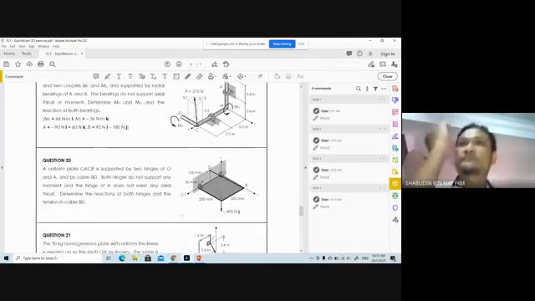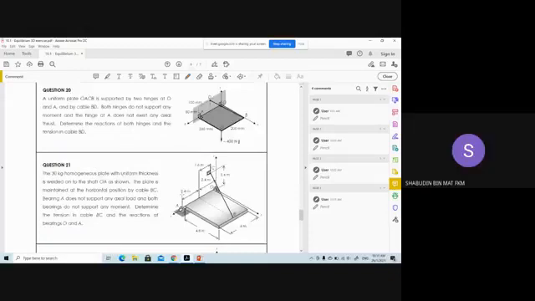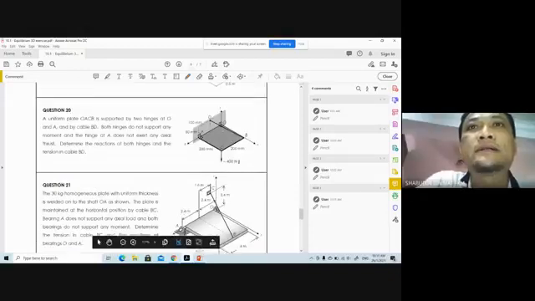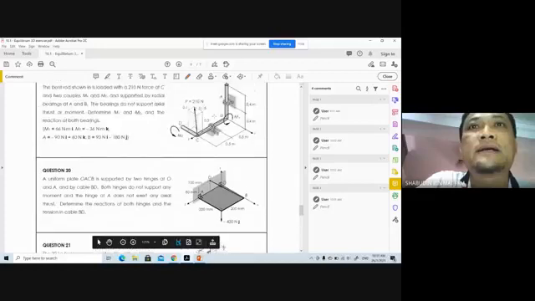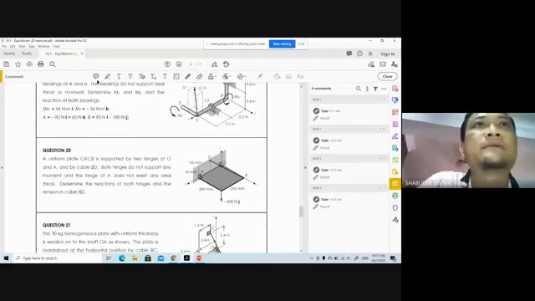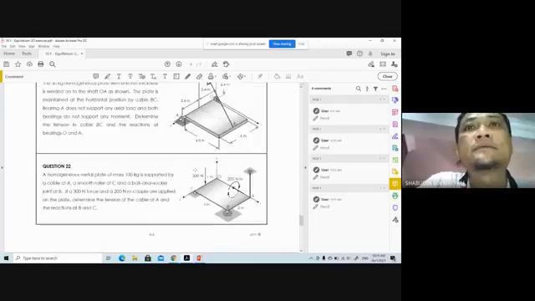Then we do also that one, which is similar to this one. That one we did many times, the one with the moment. We try to do that one also.